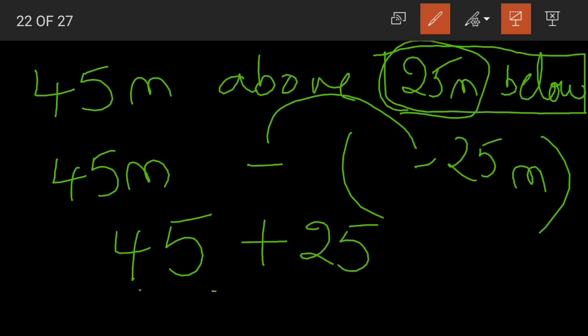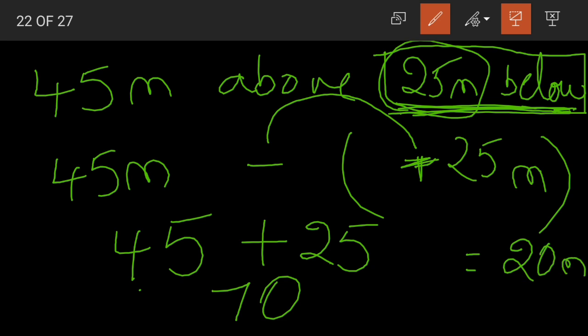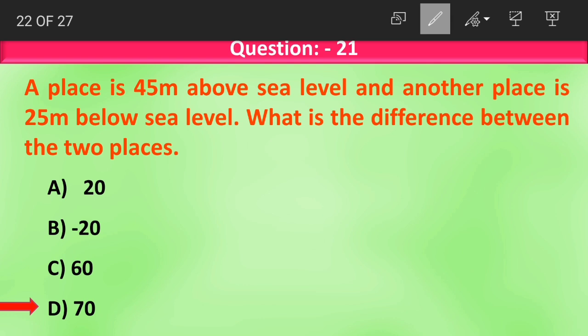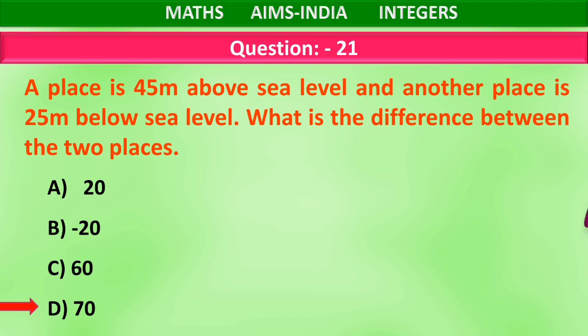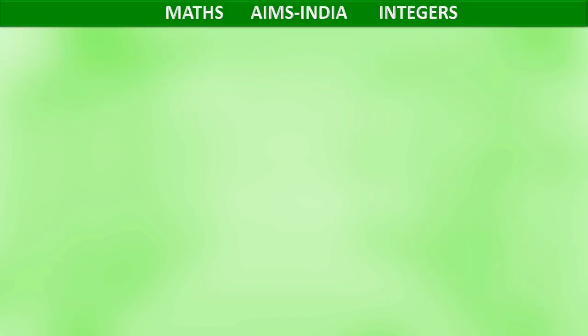What is 45 plus 25? 70, right? Here the main thing to remember was 25 meters below sea level. When we say below sea level, we represent it as -25 meters. If you would have taken plus 25 meters here, you would have gotten the answer as 20 meters, which would have been wrong. So you have to remember this carefully. When it says below sea level, you should represent the number in negative.